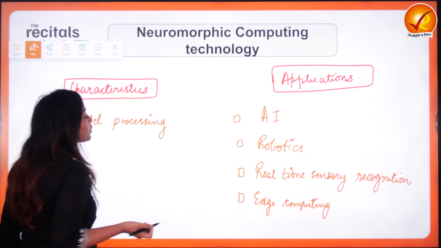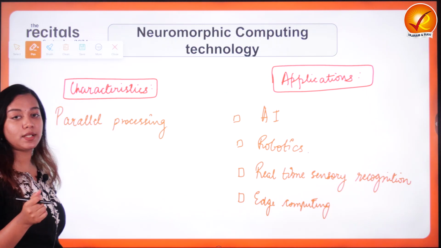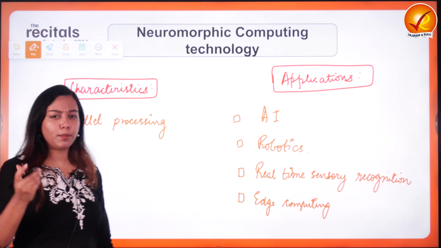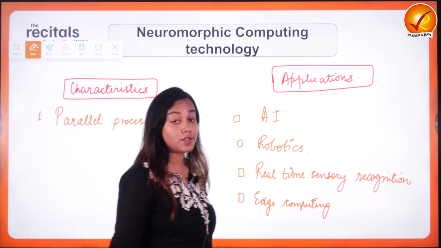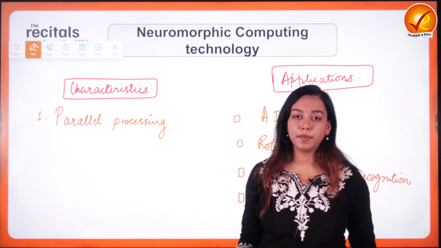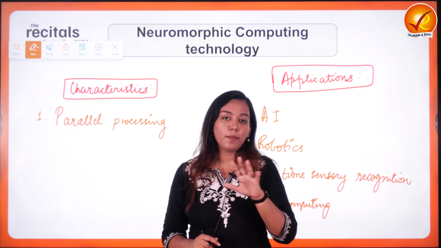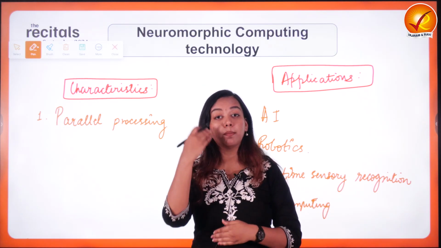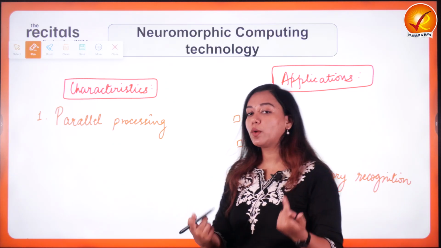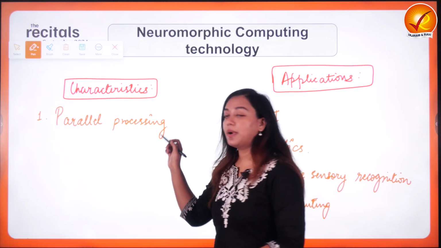Okay, this parallel processing is also possible in the case of quantum computing. But think about one of the applications of artificial intelligence, say ChatGPT or Google Gemini. They are able to process things but one at a time, or maximum 2 to 3 at a time, not multiple things. Therefore, what we require is something that is able to do multitasking.